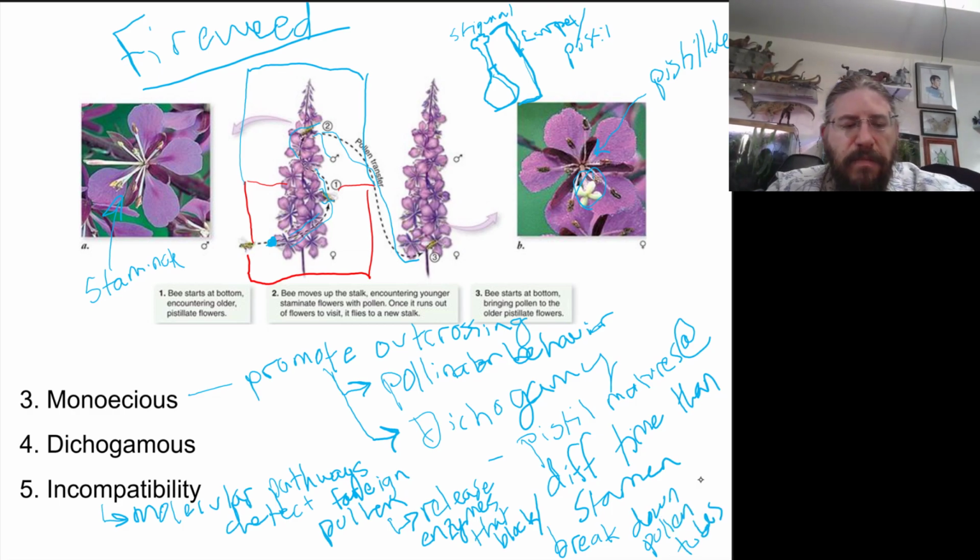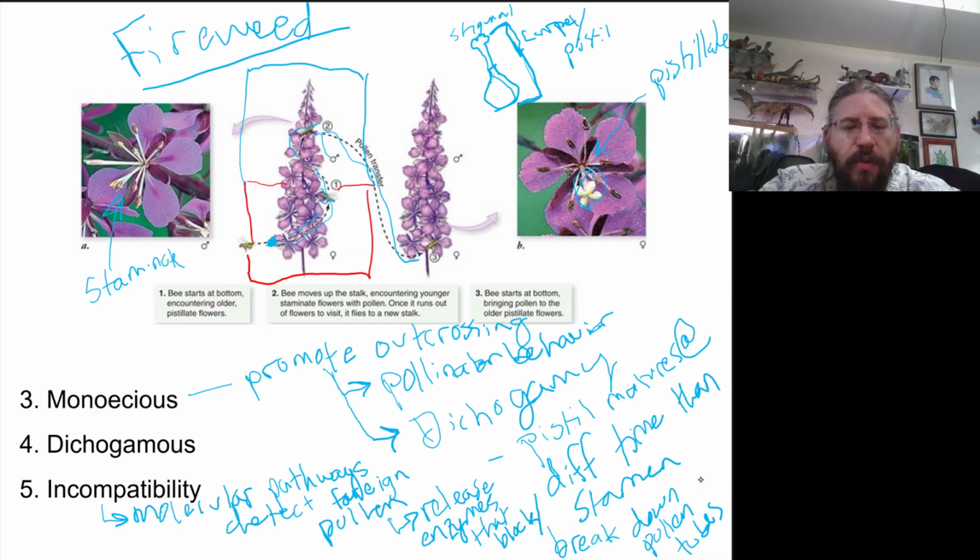So this is an immune mechanism that also prevents basically hybridization events that are destined to fail, right? So molecular pathways detect foreign pollen and then cause a release of enzymes at the stigma that block or break down pollen tubes.